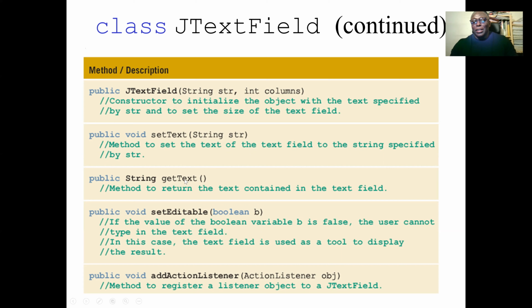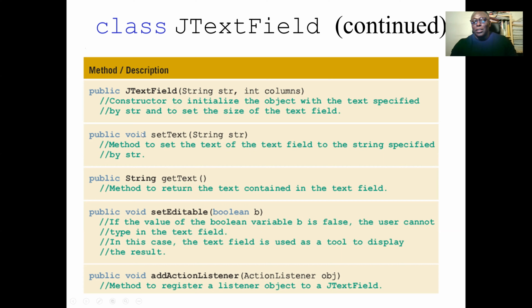Then we also have getText. We will use this method a lot, especially when we are going to do a calculation. So let's say I'm going to find a sum of two numbers. I have two text fields that I enter two numbers in. I'll use getText to get, anytime we enter data in a GUI, the data type is a string.